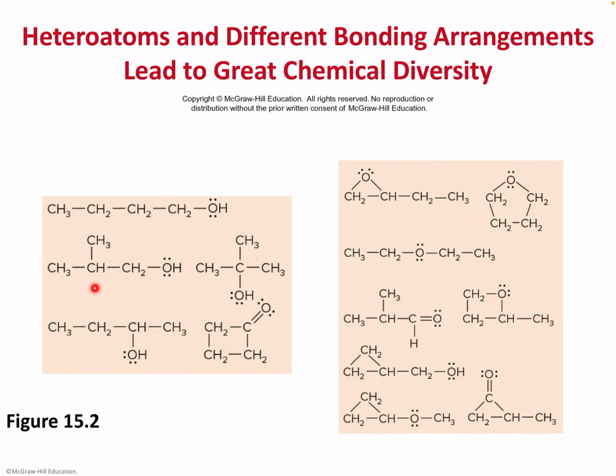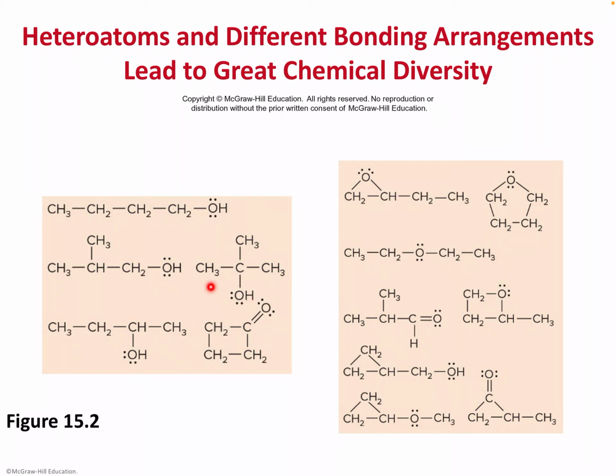You can have another compound where you have 4 carbons, 1, 2, 3, 4, but here one of the CH3 groups is connected to the second carbon. That's again a different alcohol. Right? You can see it. These bonding arrangements give rise to chemical diversity. This is an alcohol, but this is a different alcohol.